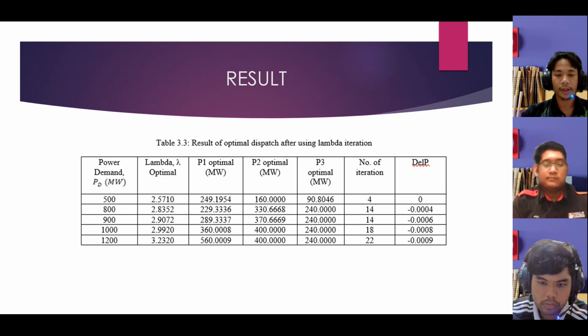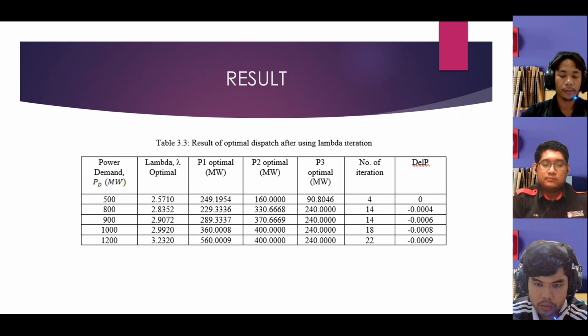And to get the delta P, we subtract the PD by the P1, P2 and P3 power generated. And then next slide.